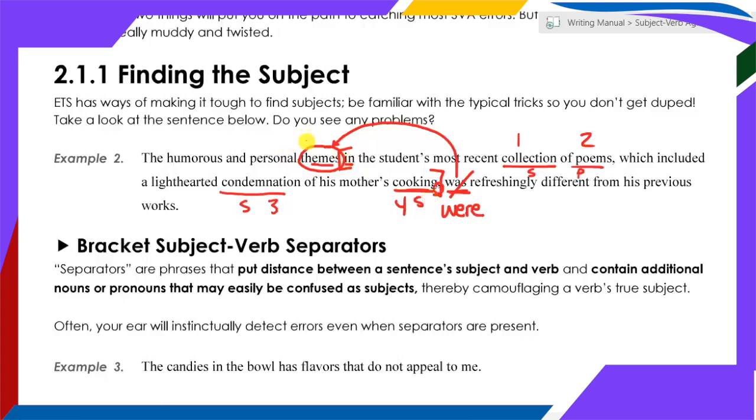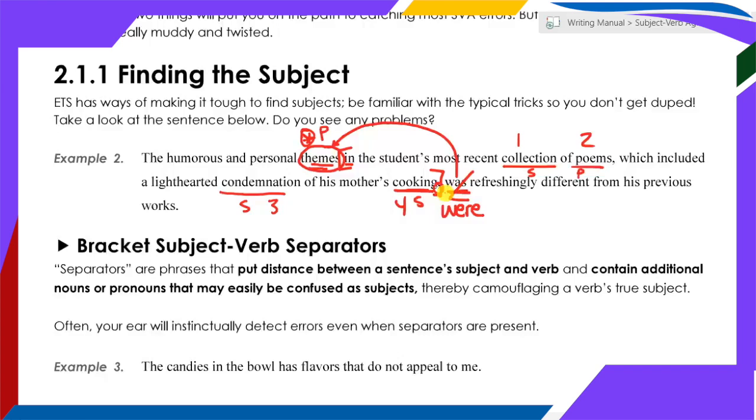And then we have our main noun, our most important noun in terms of determining what the verb should be. We have our most important noun, themes, here. That guy is plural. So all told, we have 5 nouns before the verb. We have 2 that are plural, 3 that are singular, so that by the time we get to this verb, we have a difficult time remembering or knowing for sure what noun was supposed to govern that verb.